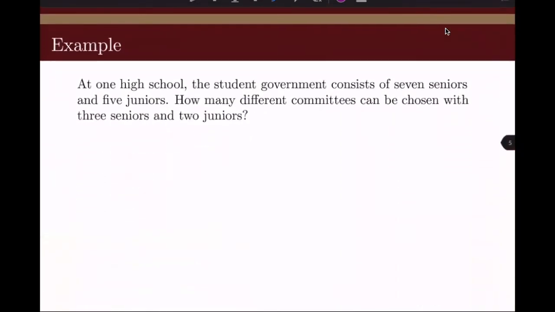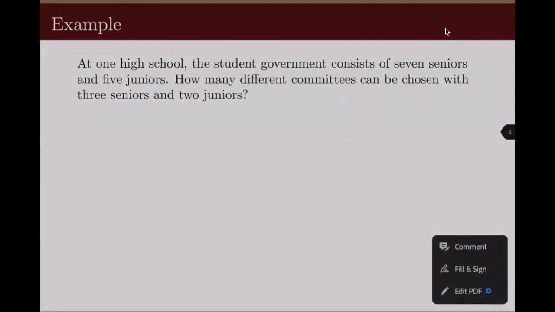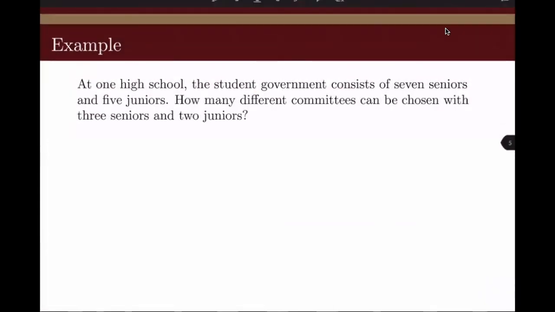Next example. At one high school, the student government consists of 7 seniors and 5 juniors. How many different committees can be chosen with 3 seniors and 2 juniors? So now this is kind of a compound combination problem.